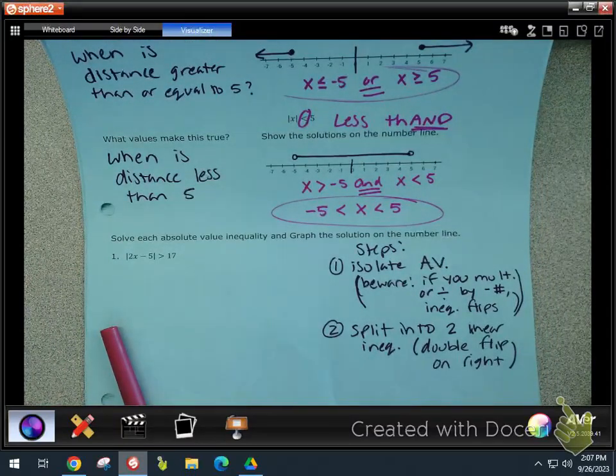Just how we would do with the equations, where we'd keep the left side identical, the right side we'd make the guy that wasn't in the absolute value bars negative, but in addition, we also have to make that inequality flip over. So you could potentially flip an inequality sign twice if you do it in step 1 or step 2, okay? And I'll try to show you one, all right?